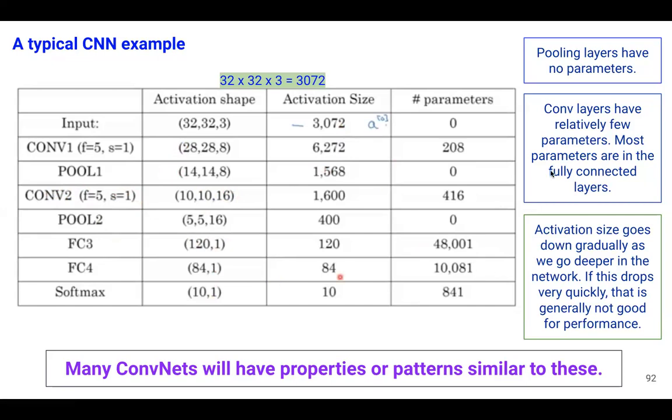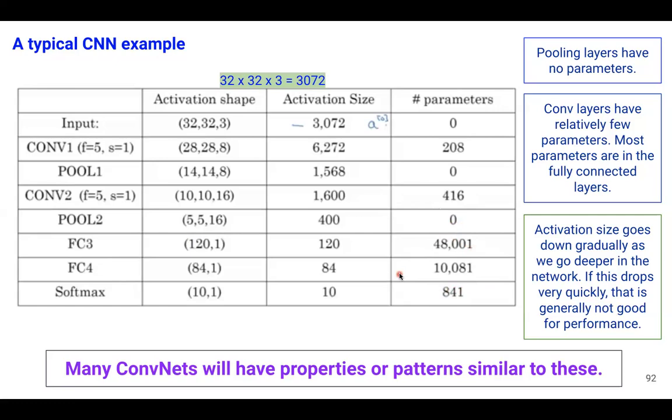Another thing to note is that the convolution layers have relatively few parameters. If you compute the total number of parameters in this very simple CNN example, most of the parameters are from the DNN-like layers, also called fully connected layers, because of the way this is structured.